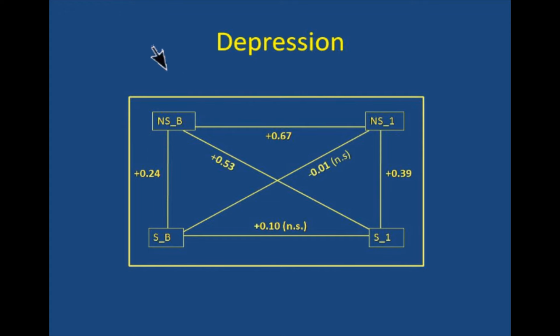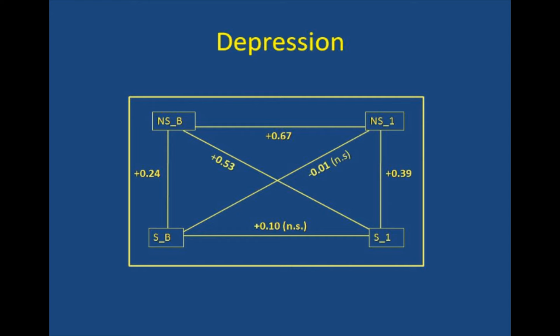Now if you draw your attention to the bottom of the graph, you will see that somatic items at baseline are only correlated plus 0.10 with the same items at follow-up. This correlation is non-significant, meaning that they're essentially not correlated even with the same items between baseline and follow-up.